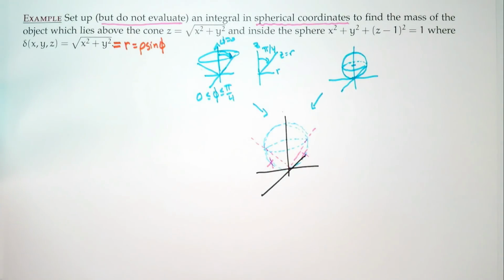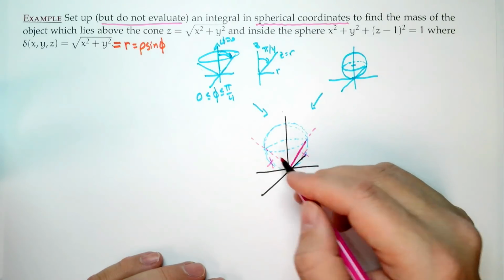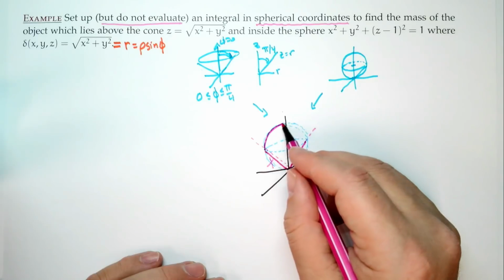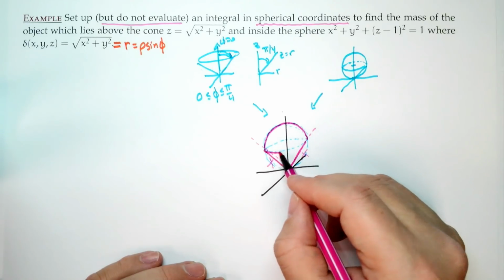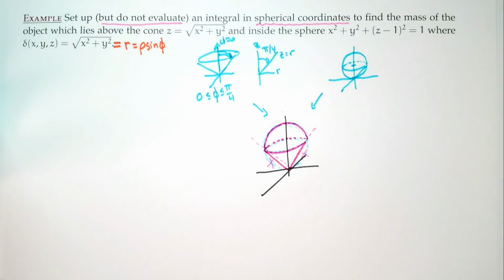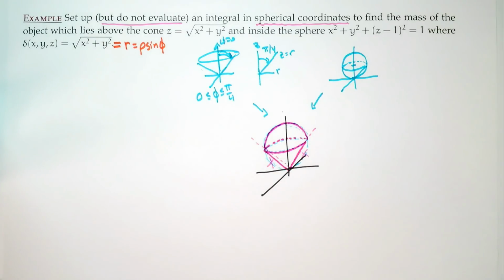The lower half is going to consist of our cone, and the upper half is going to consist of our sphere. So this is our basic shape. I've drawn it in such a way that it looks like it hits at the equator. That's because it will hit at the equator, and it's not so immediately obvious that that's the case.